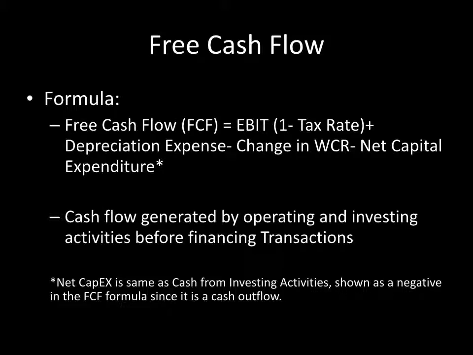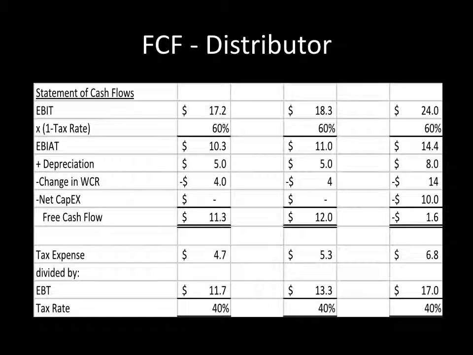What we come up with in free cash flow is the cash that the organization is generating or is using up before any financing, meaning taking out any new loans, paying back any principal on loans, or selling stock and such. If we use a previous example of the craft beer distributor, this is for 2012, 13, and 14.